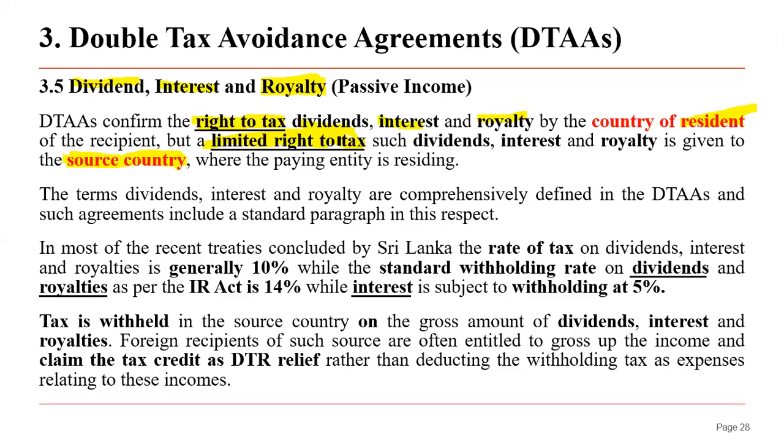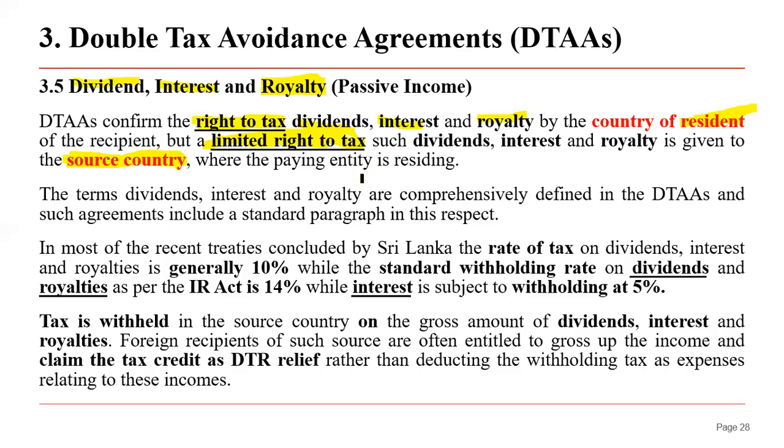We can deduct 10%, then the balance we need to send to India. Then the Indian company is liable to tax in India entirely, whatever the applicable tax rate. Let's say 35%, they are liable to tax in India. So then it is clear, right?